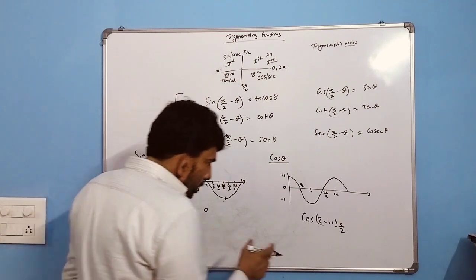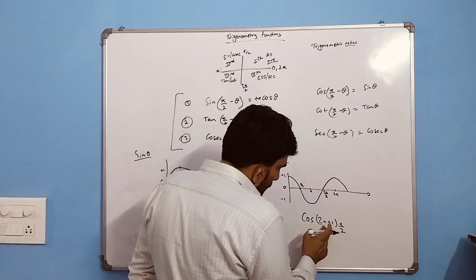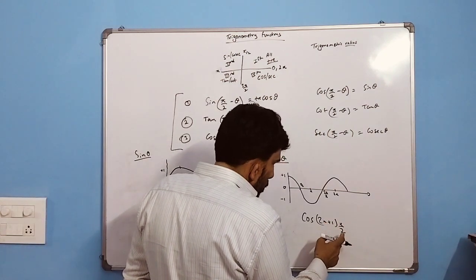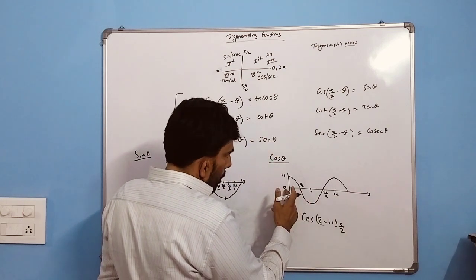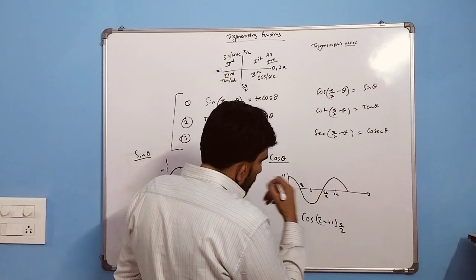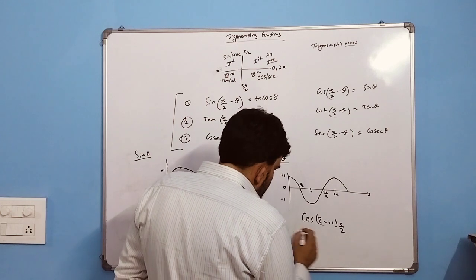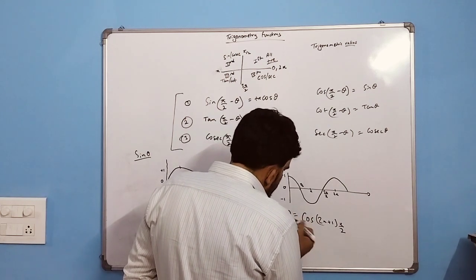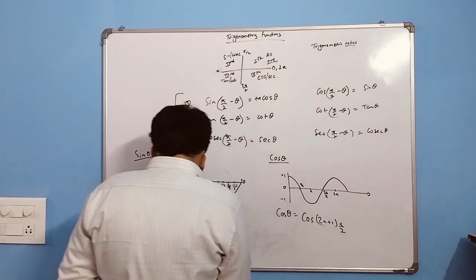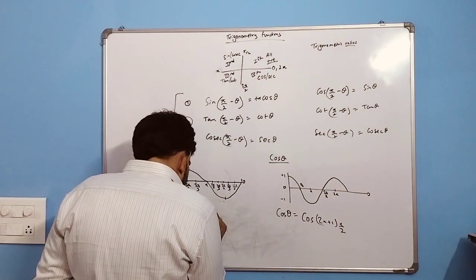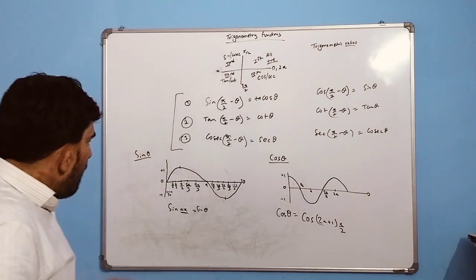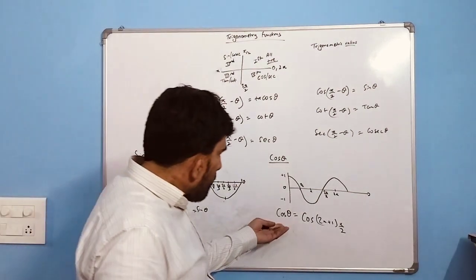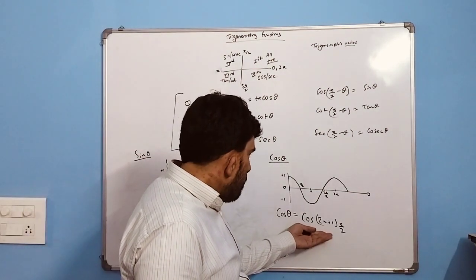Okay, so it moves like this, because if n is 1, we get 3 pi by 2. See, at 3 pi by 2 it will be 0. So that is how it varies. So for sin theta it is n pi, and cos theta will be written like this.